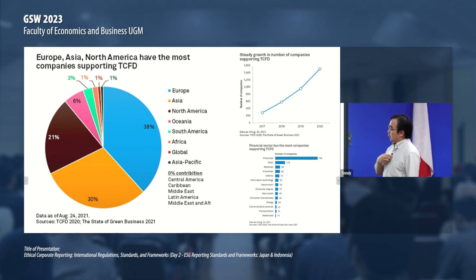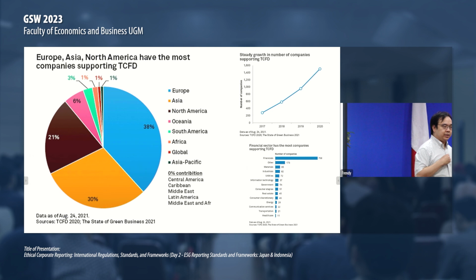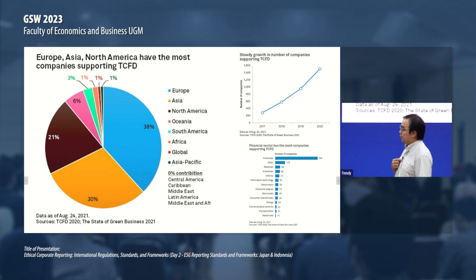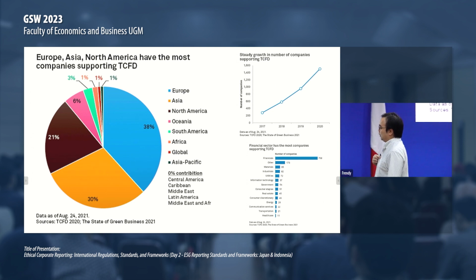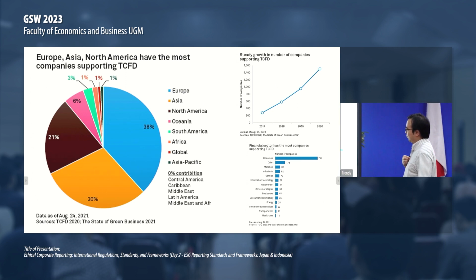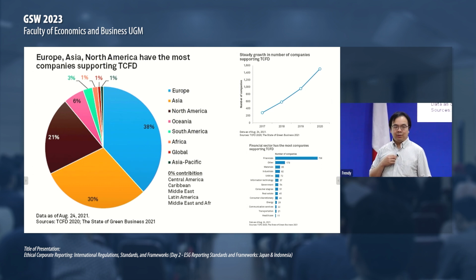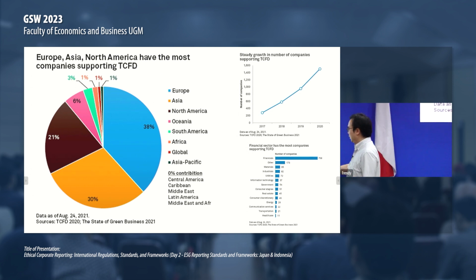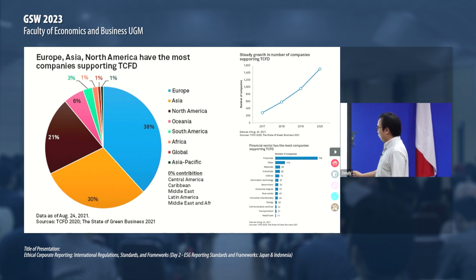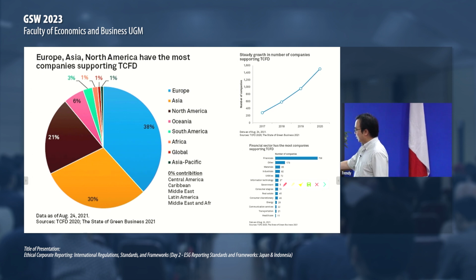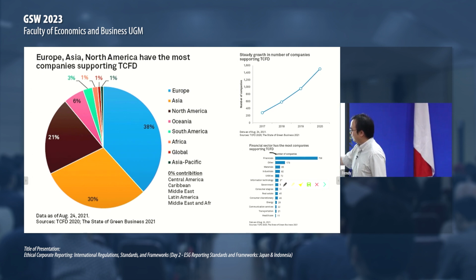And if we look at the statistics on the number of companies that apply TCFD, it has grown quite significantly from 2017 to 2020. However, if we look at what industries apply TCFD, we can see quite surprising information here. Okay?